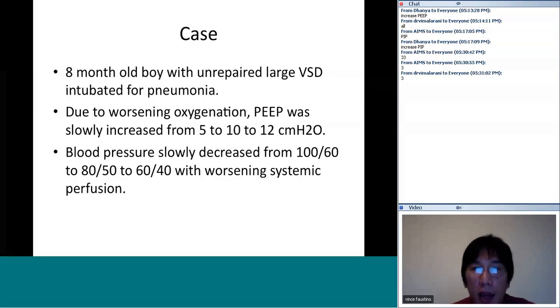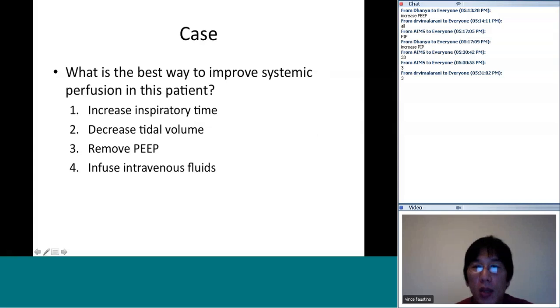Okay, so going back to this case, the 8-month-old boy with unrepaired large VSD. Next question, what's the best way to improve systemic perfusion in this patient? Increase I-time, decrease tidal volume, remove PEEP, or infuse intravenous fluid.